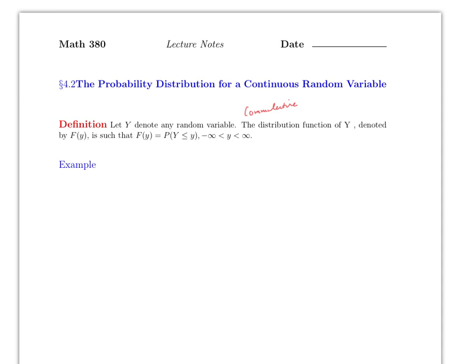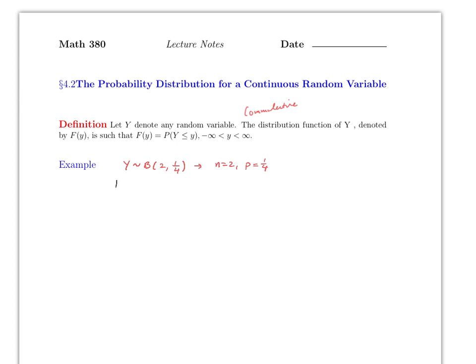For example, let's say that Y is a binomial distribution where n is equal to 2 and the success probability is 1/4. Remember that this means n is 2 and p is 1/4 if this is a binomial.